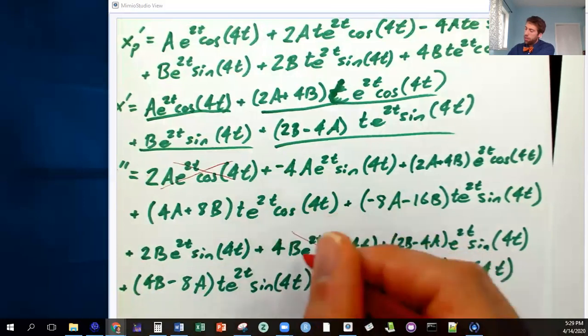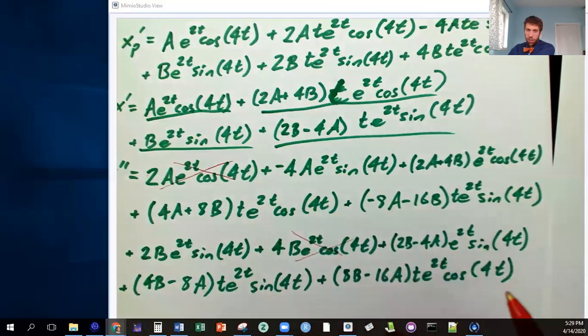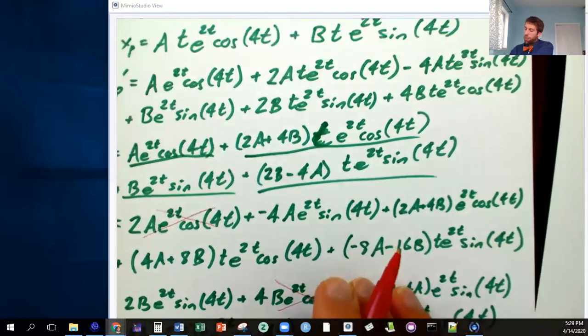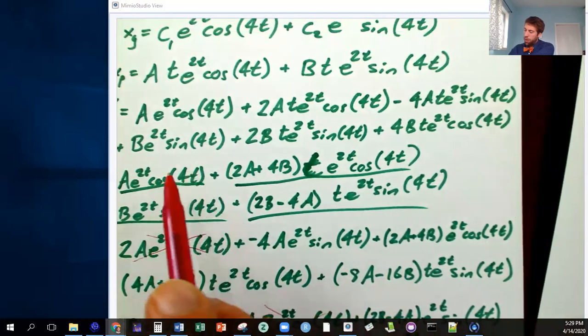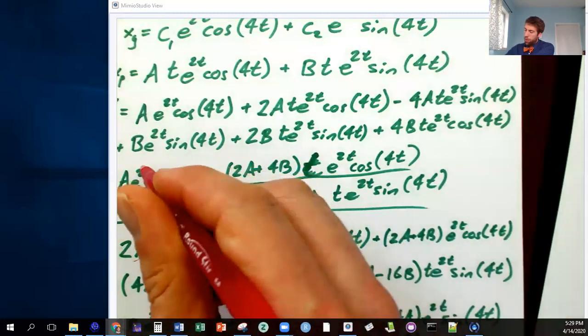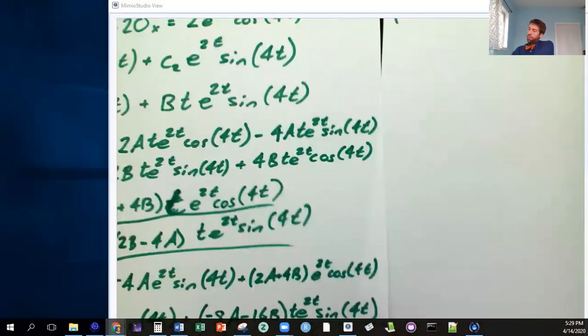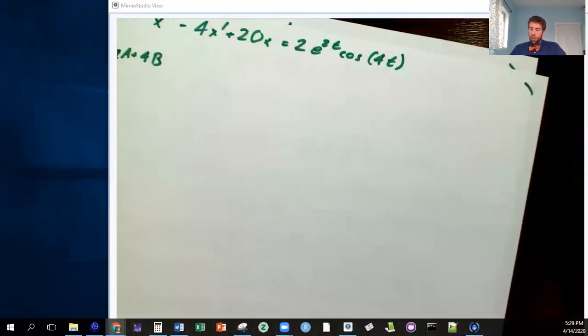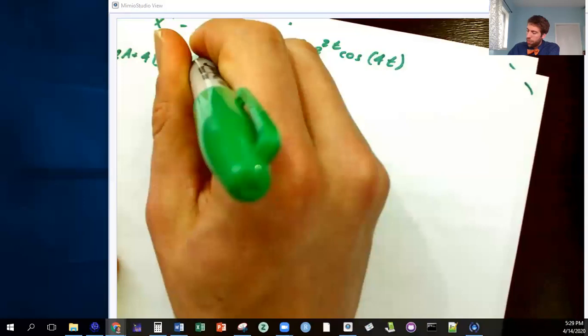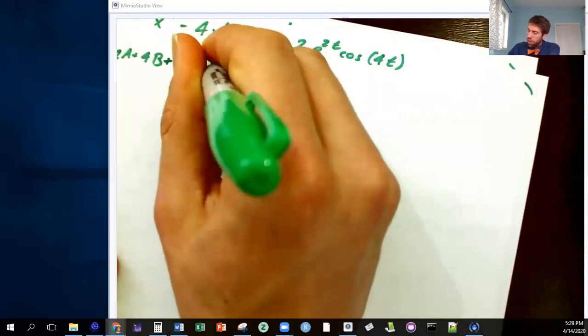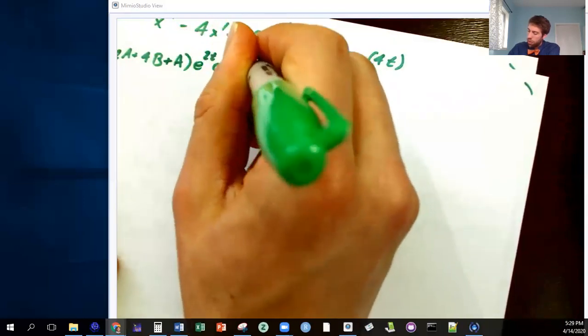E to the 2t cosine 4t, no t's in there. Okay? Then in x prime, I'm looking for e to the 2t cosine 4t, and then it shows up there. So plus a e to the 2t cosine 4t.